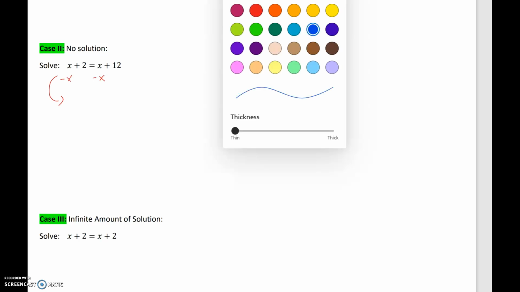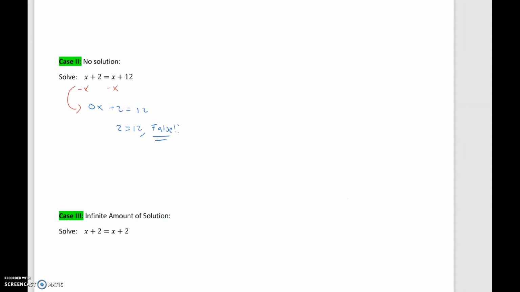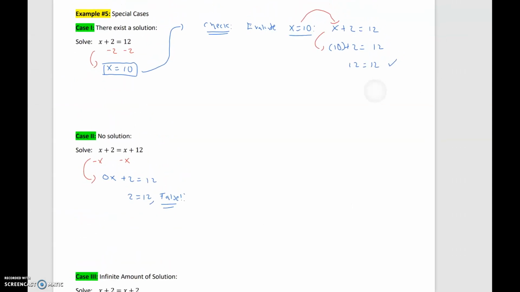So in this case, if you put the x's on either side of the equation, you end up with, well, technically x minus x is 0x plus 2 is equal to 12. 0x is technically 0 for the x's, so you end up with 2 is equal to 12, which is a false statement.